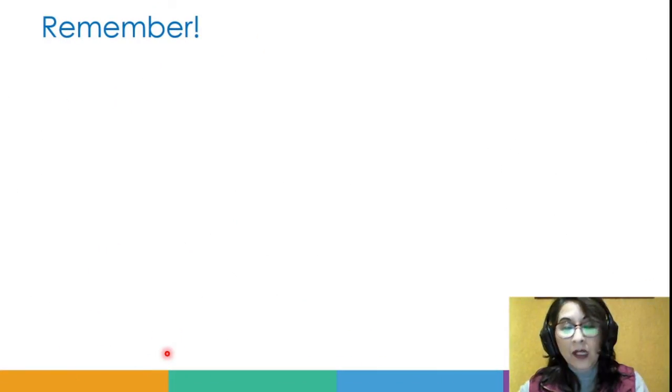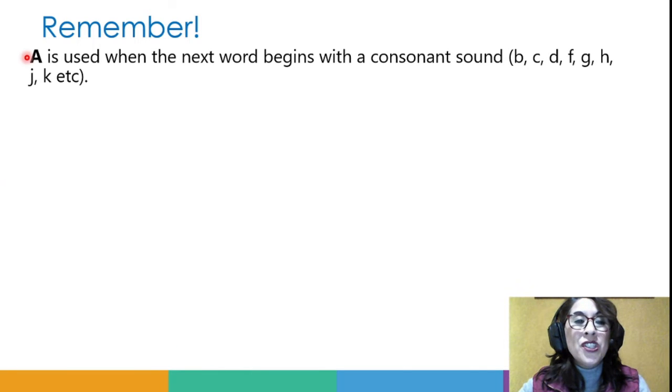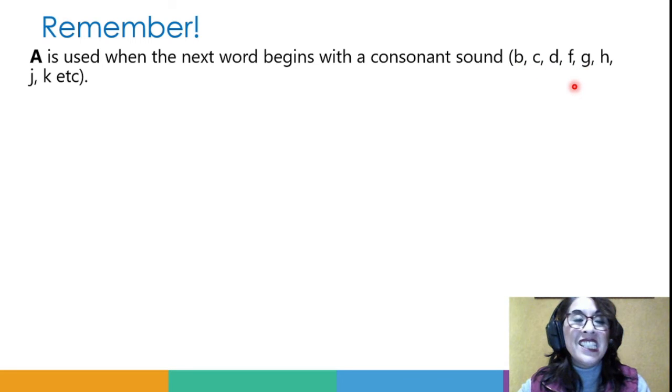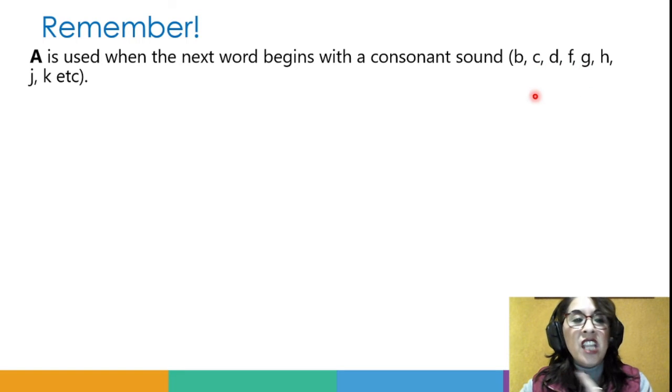But remember this, that is very important. Use a when the next word begins with a consonant sound. B, C, D, F, G, H, K. The sound, not the name of the letter.